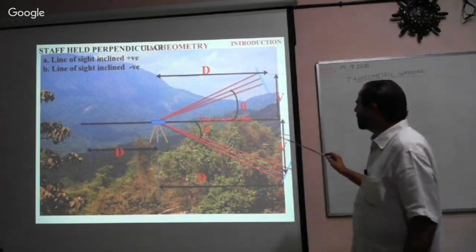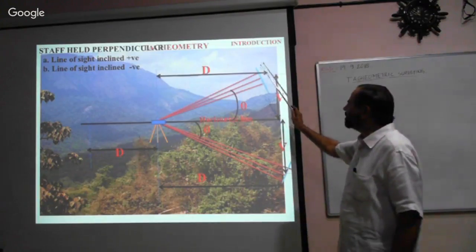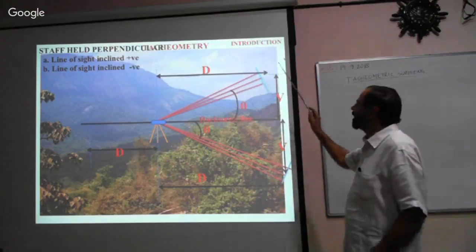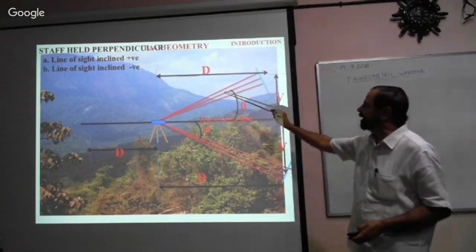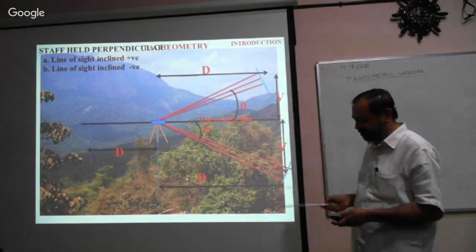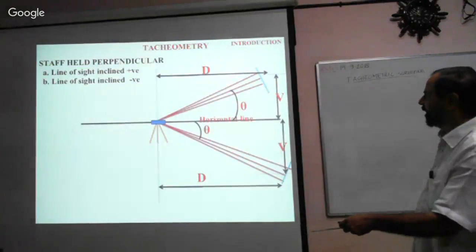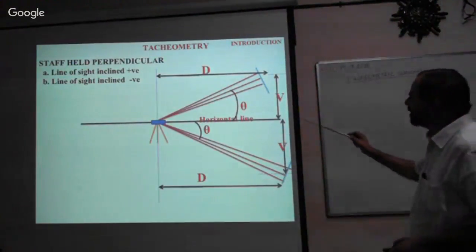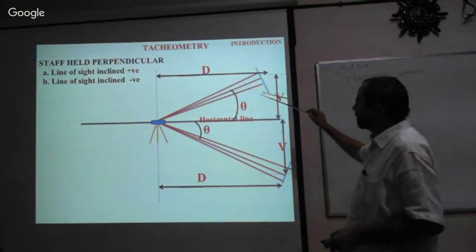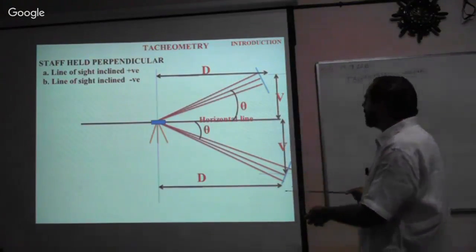Now in this case the staff is held inclined, perpendicular to the line of sight. Let us see how to calculate this, one by one. The same as previously discussed, this is the vertical.